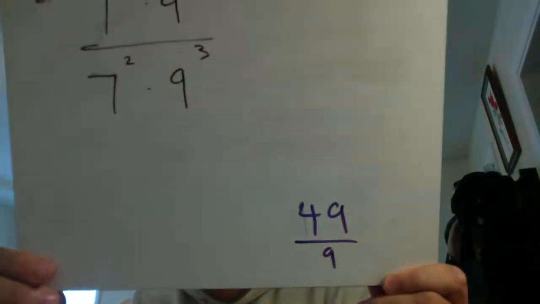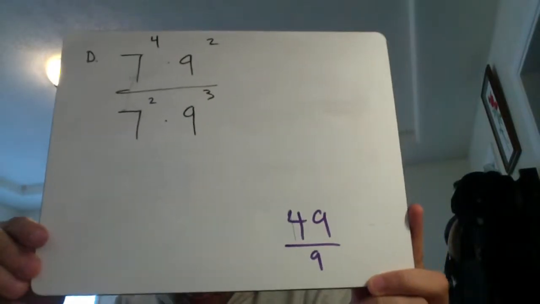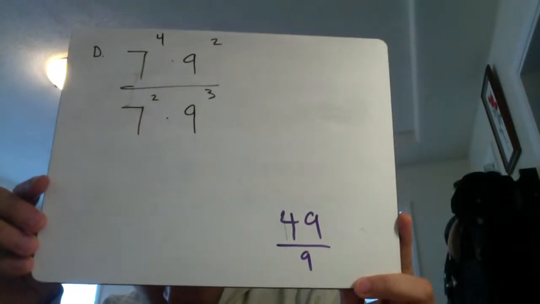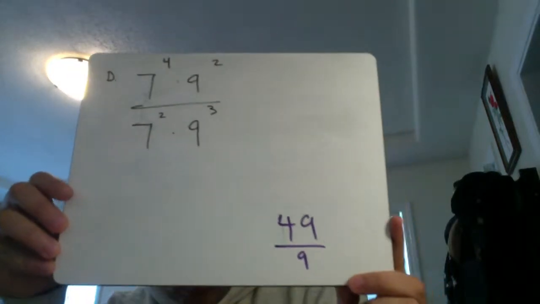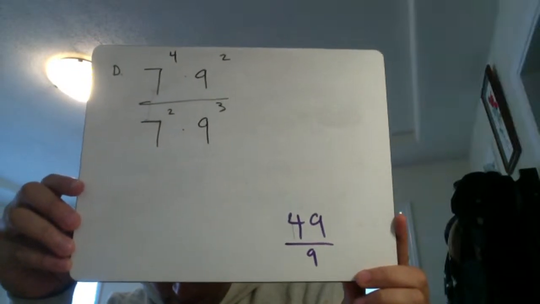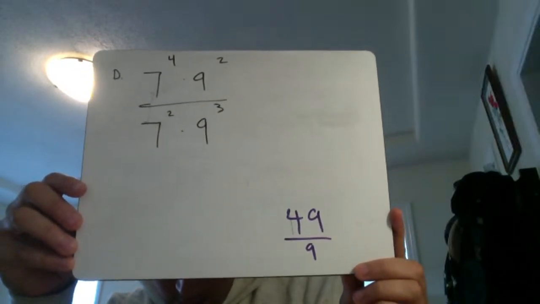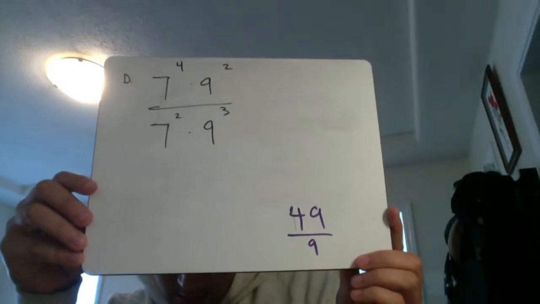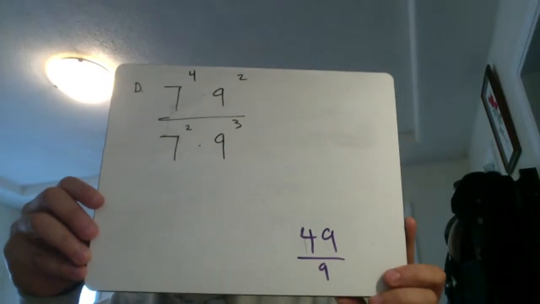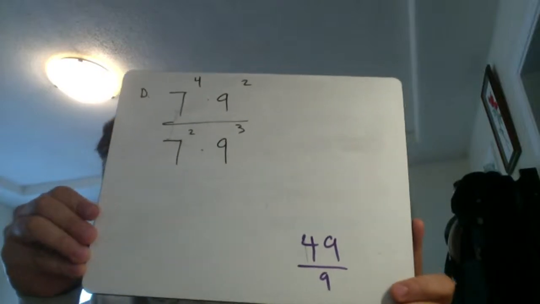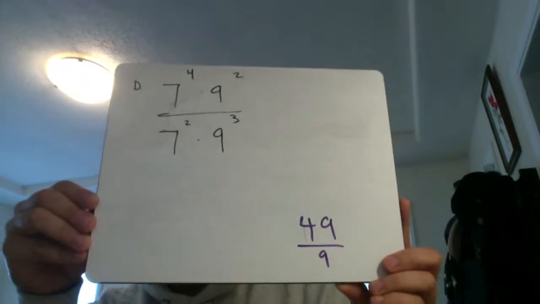Okay. Let me just make sure I have this down correctly. Good. So if we look at the exponents in the numerator and the exponents in the denominator, let's look at our first term, 7. So our numerator for the base of 7 has an exponent of 4. In the denominator, my base of 7 has an exponent of 2.